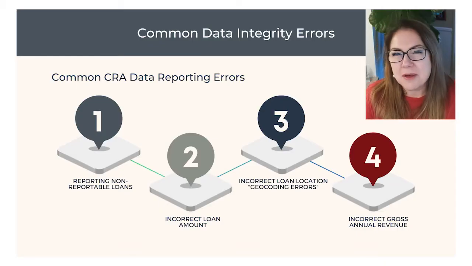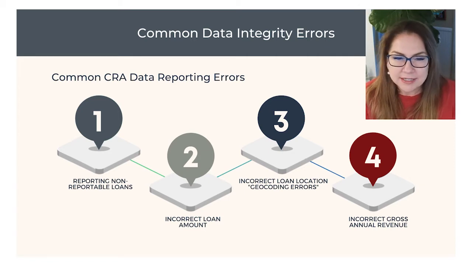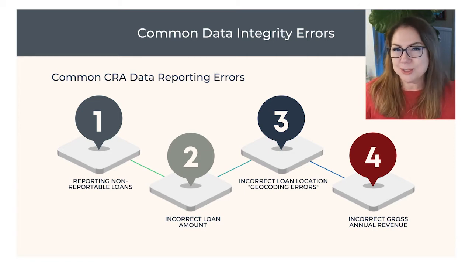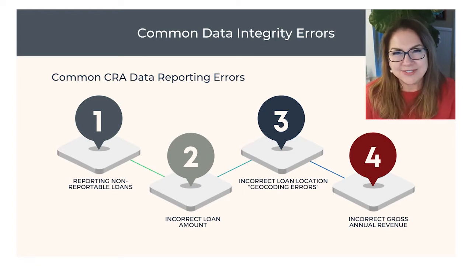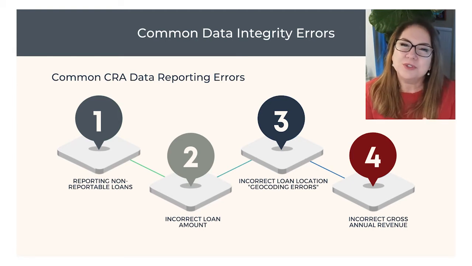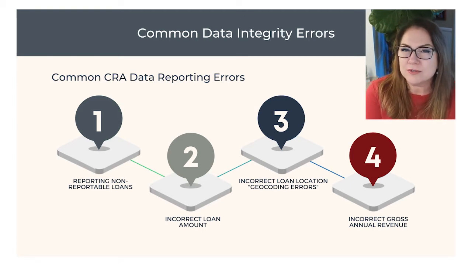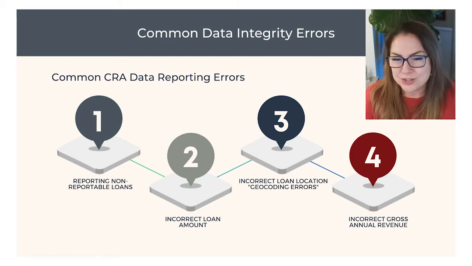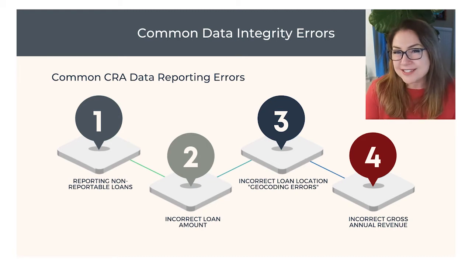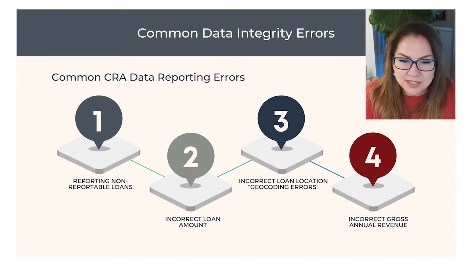The first common data reporting error is reporting non-reportable loans. It's very important that you ensure that the loans meet the size and definition tests, that you check or triple check those loans to nonprofits to make sure that they're in fact reportable per the call report instructions. Many are not, so make sure you look at the detail there.